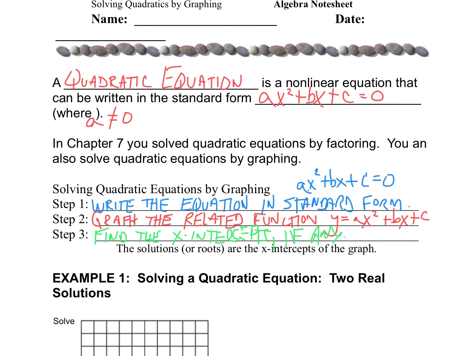Sometimes we're going to get two x-intercepts, which will end up being our answers. Sometimes we will get one x-intercept as our answer, and there are going to be some cases where we don't get any. Now remember, the solutions, or the roots, are the x-intercepts of the graph.